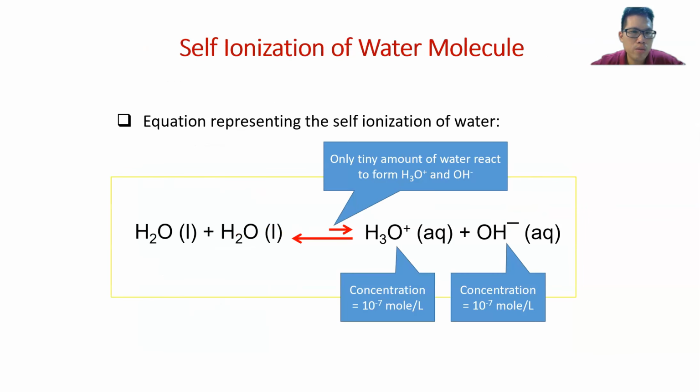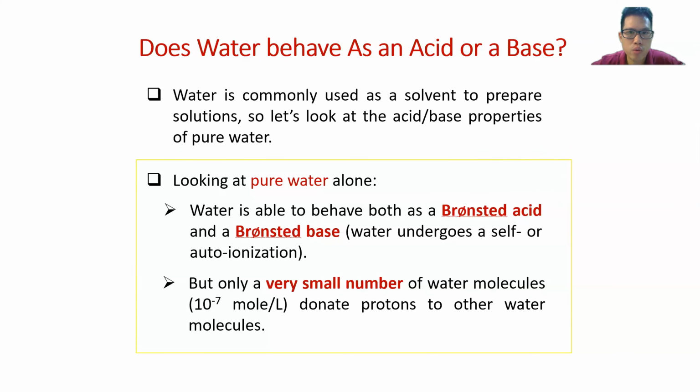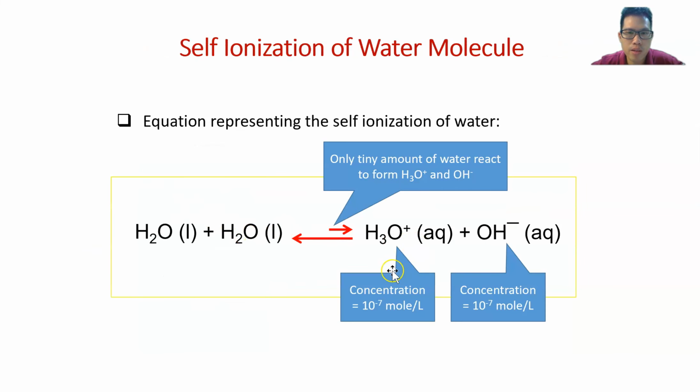It's so little, you can use the equations to determine the concentration of this, and it is very low. The concentration is 1 times 10 to the power of negative 7. This one is 1 times 10 to the minus 7. It's very little, so we use this as a benchmark of water to calculate the pH value.